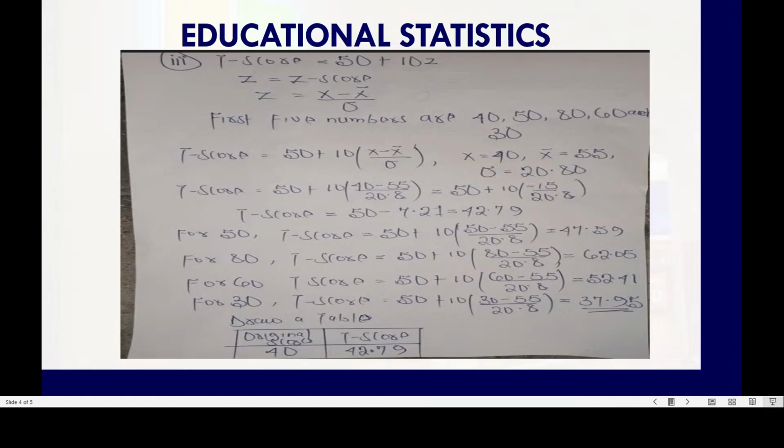No. 50 plus 10z is to find the t-score. So you try to know the difference between the z-score and the t-score. If you are asked to find z-score, you stick to x minus x bar divided by standard deviation only. But if you are asked to find the t-score, you have to write the formula 50 plus 10 z-score. So know the difference between t-score and the z-score.